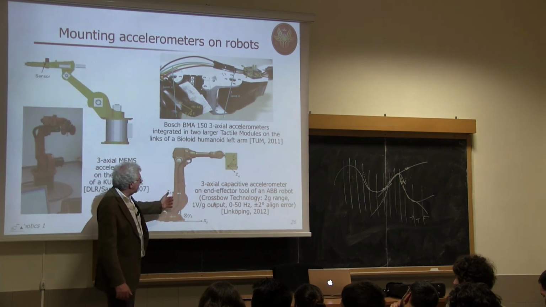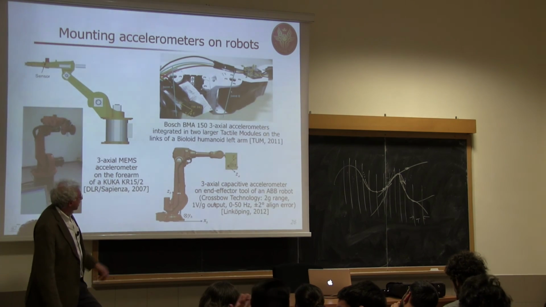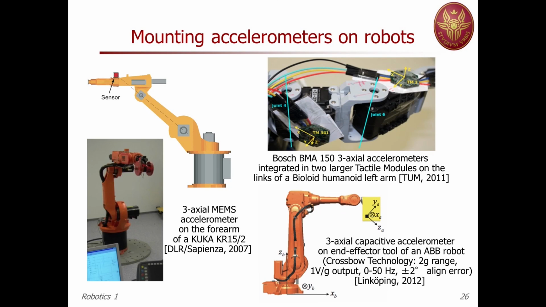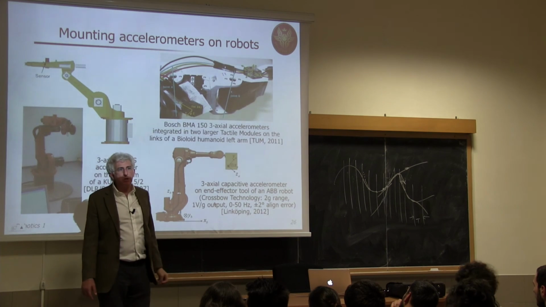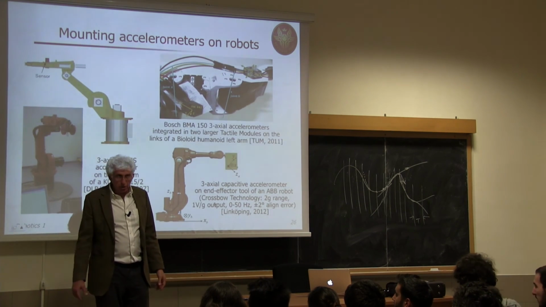And finally, here, there's another example, a 3-axial capacitive accelerometer mounted on an ABB robot. Actually, there's a tool here, and on top of the tool you have the accelerometer so that you can measure vibration while doing a contact task with this tool on some metallic surface.